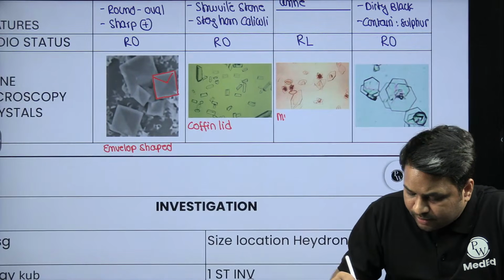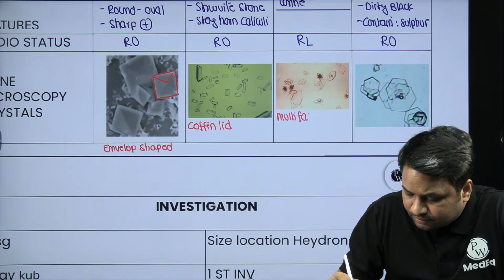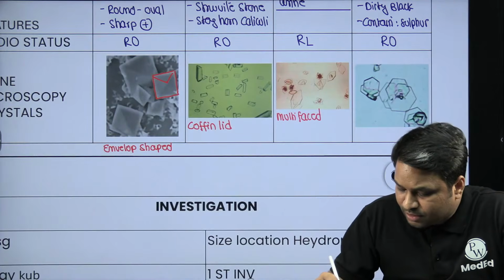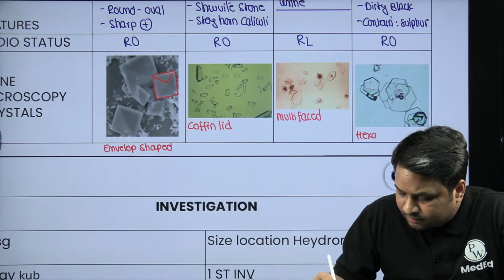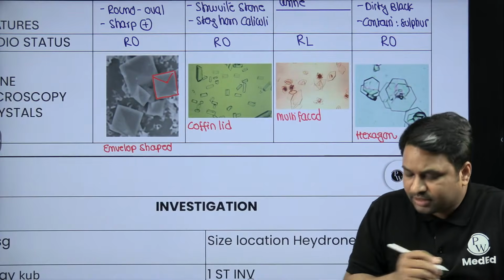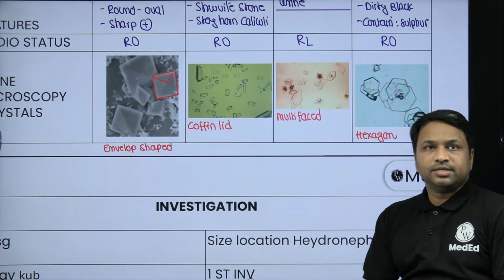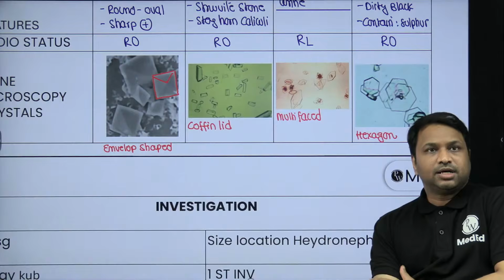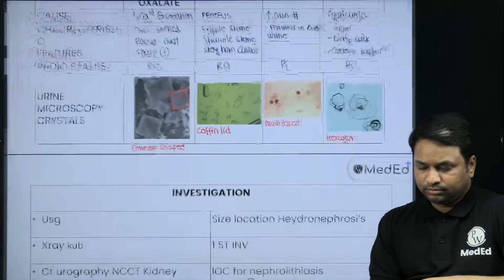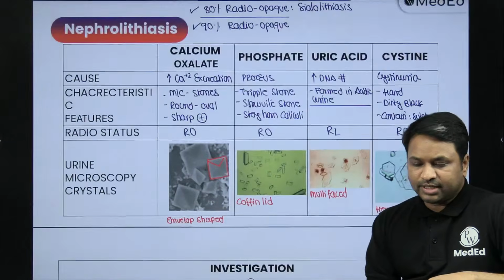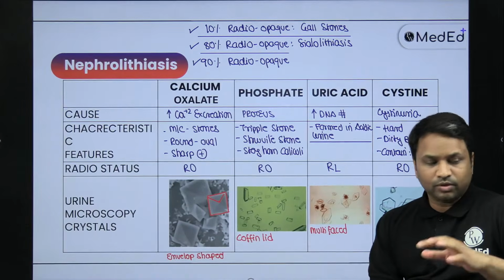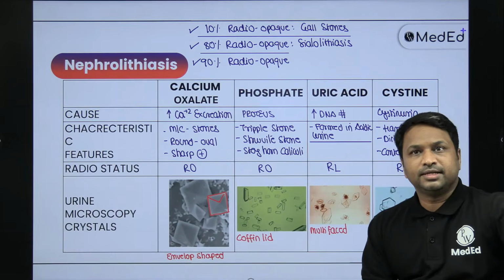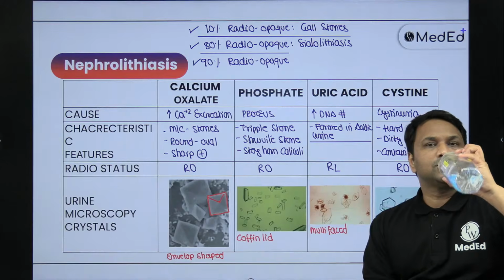Uric acid stones will be multi-faced. Cysteine stones will be hexagonal. So these are the characteristics of nephrolithiasis.